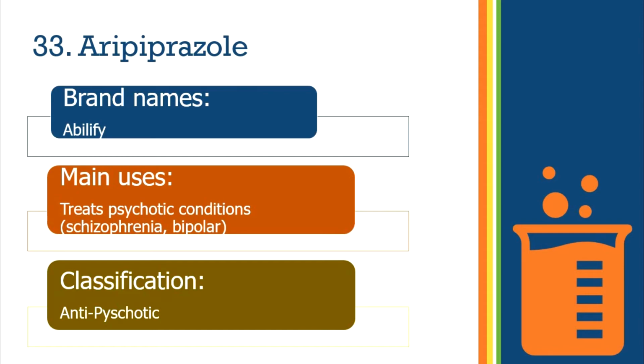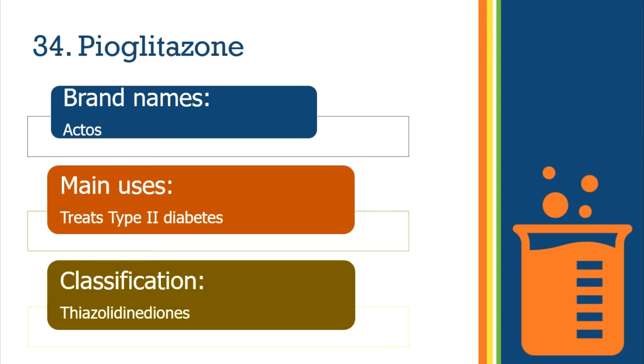Alprazolam. The brand name is Abilify. Can be used to treat psychotic conditions such as bipolar, and it is classified as antipsychotic medication. Pioglitazone. The brand name is Actos, and it is used to treat type 2 diabetes.